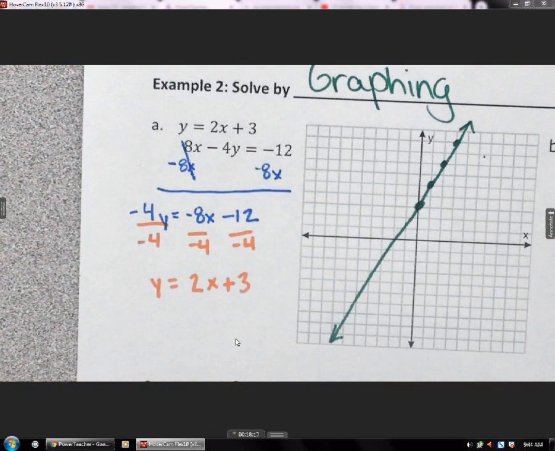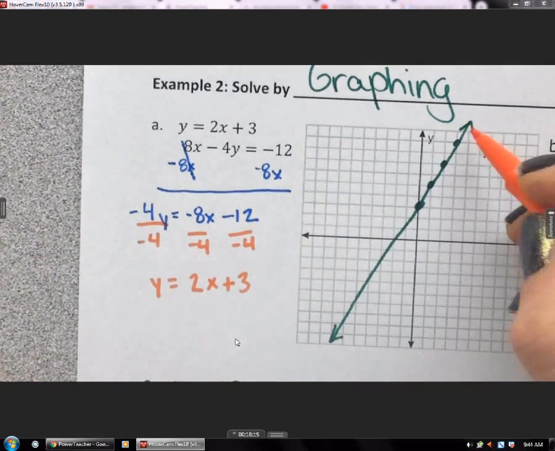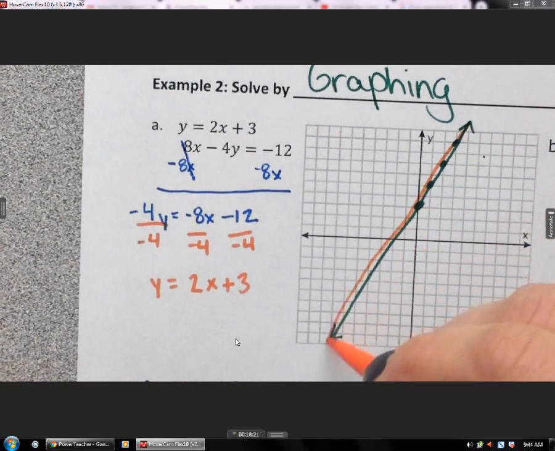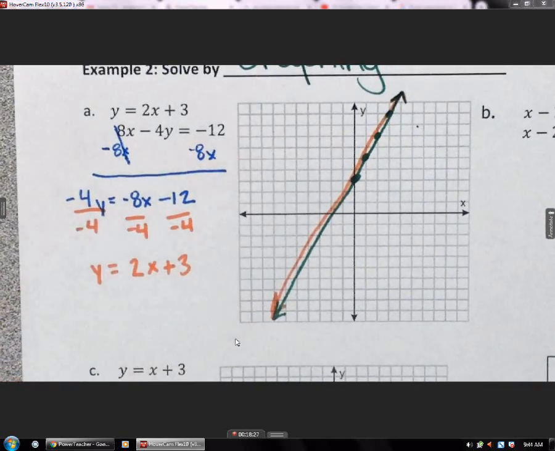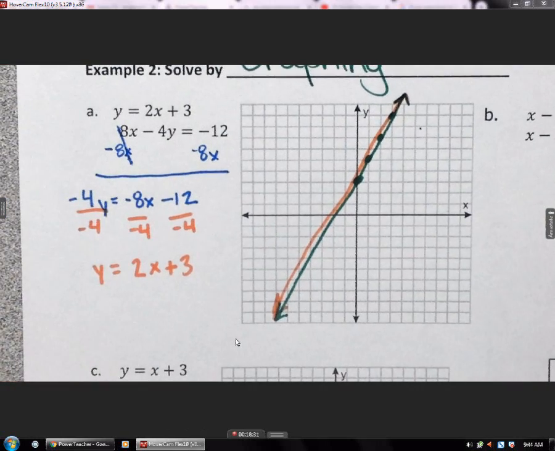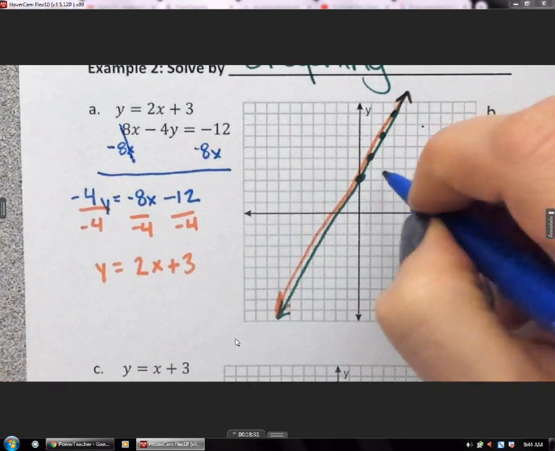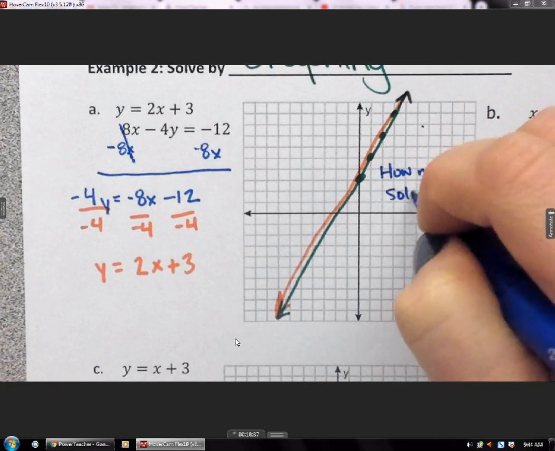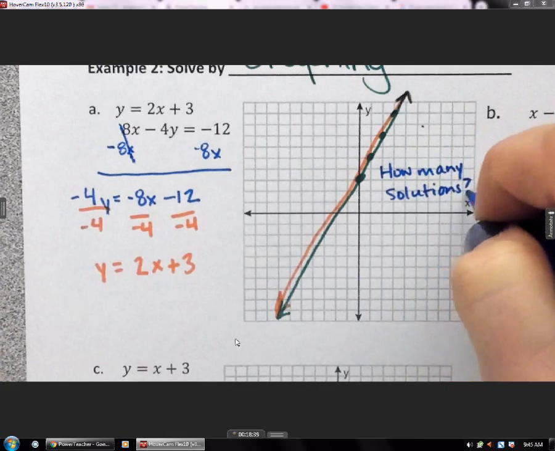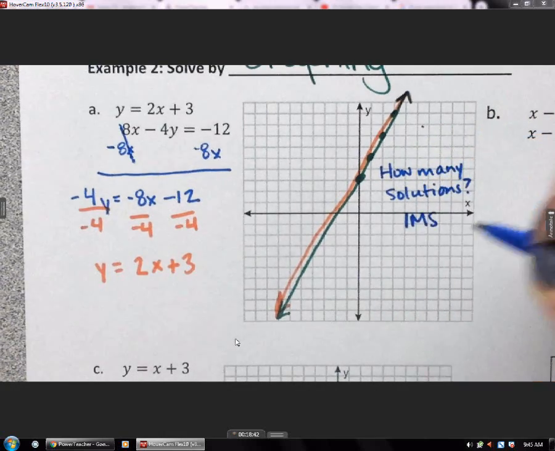What do you notice? It's the same line. Whoa! So you could tell me how many solutions does this graph have? You got to pay attention to what the question's asking. If it says how many solutions, you would say IMS, infinitely many.